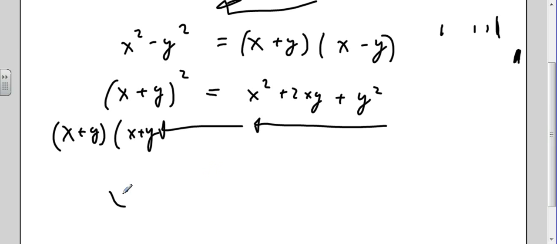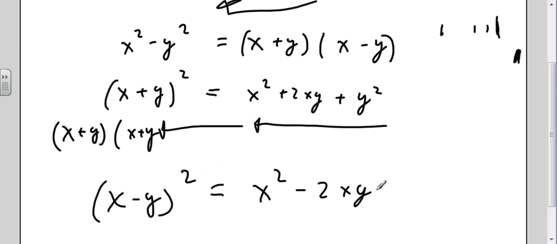One more rule. No, two more rules. x minus y squared is going to be x squared minus 2xy plus y squared.